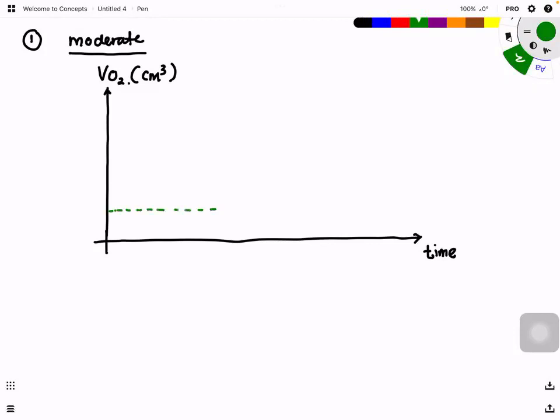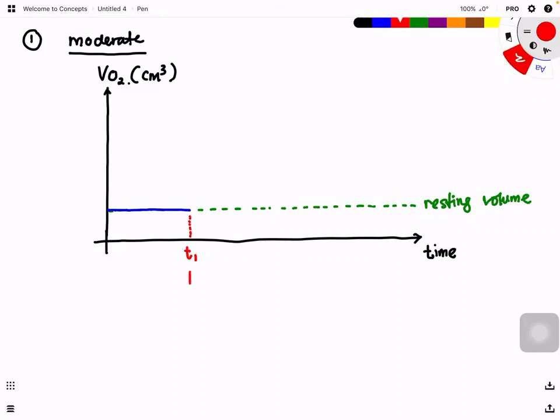This is the volume of O2 required for resting. Under normal conditions, when you are at rest, this will be your volume, until this time point, T equal to 1.